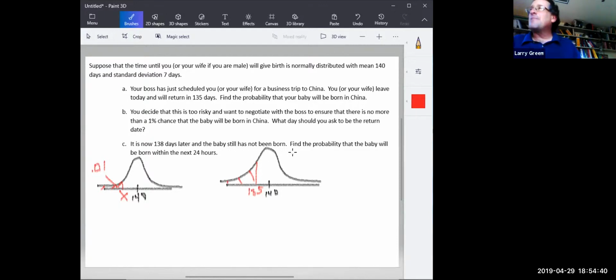Okay, so find the probability the baby will be born within the next 24 hours. Any questions on the question? Okay, what do we have to do for this one? This one's different than the others. How do we start? Any thoughts?